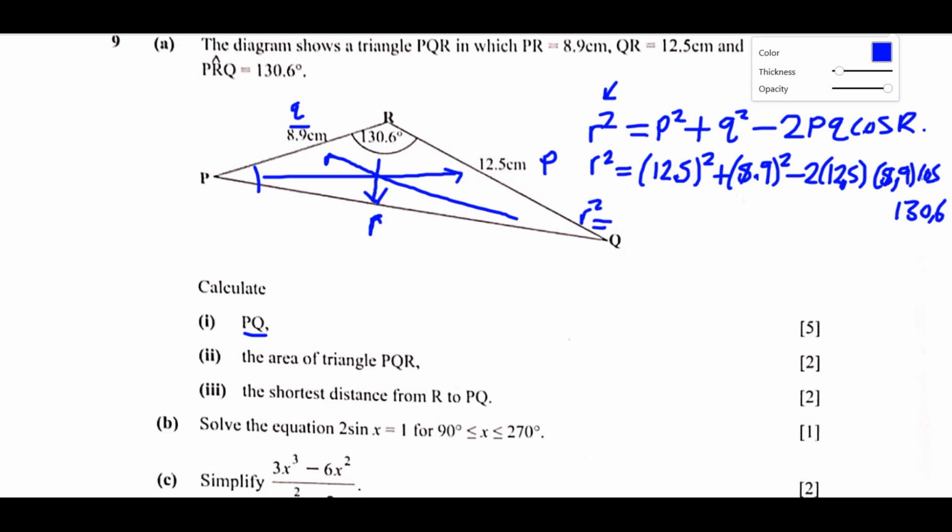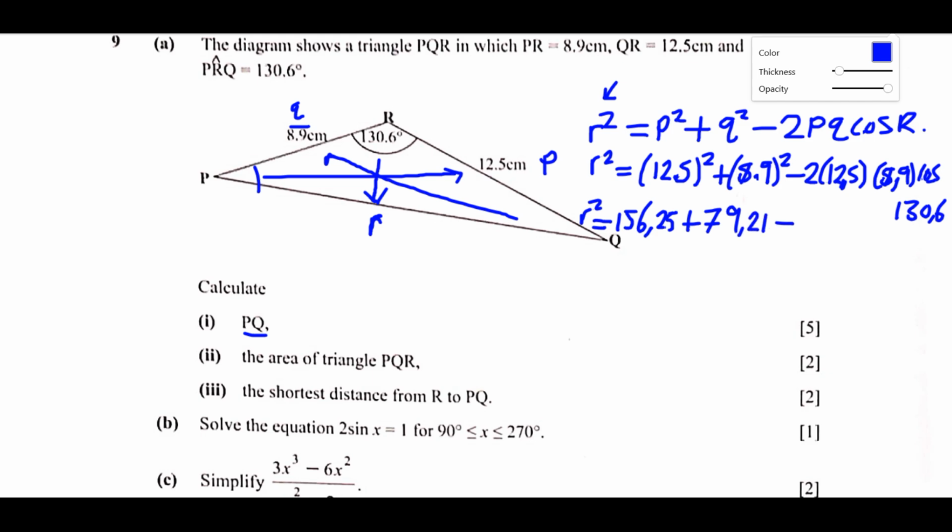So I'm going to square 12.5 times 12.5. I'm getting 156.25 plus 8.9 times 8.9. I'm getting 79.21.